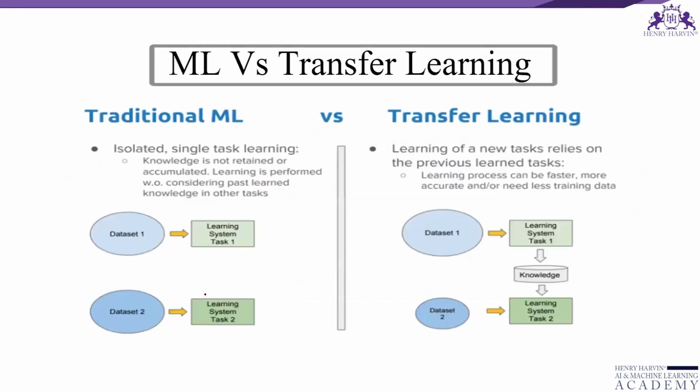We should understand the basic difference between traditional machine learning and transfer learning, right? The first thing we have to remember is that transfer learning is not a new concept. It is not specific to deep learning, but there is a difference between the traditional approach of machine learning and this one, right?